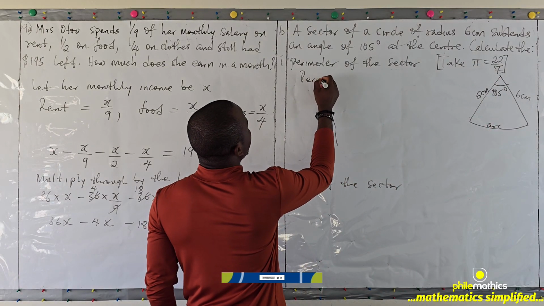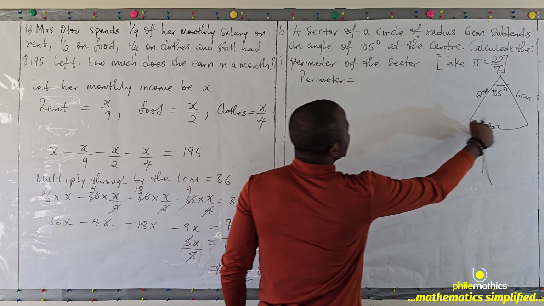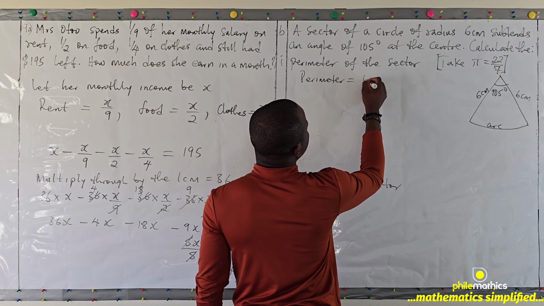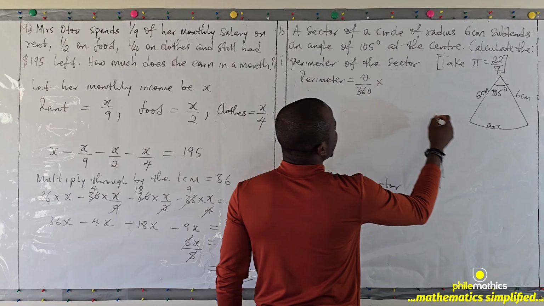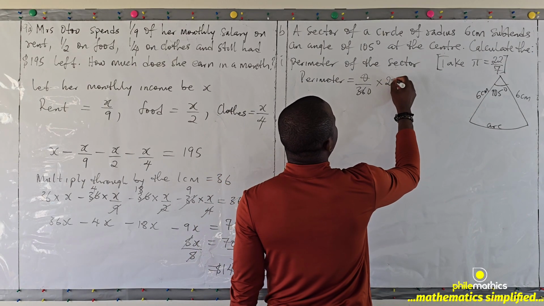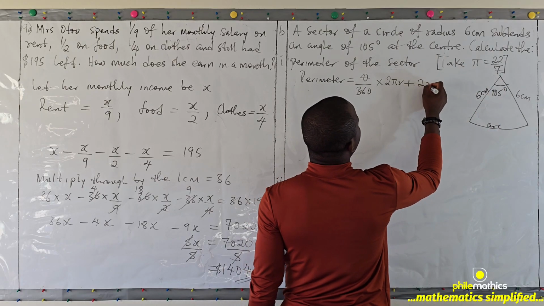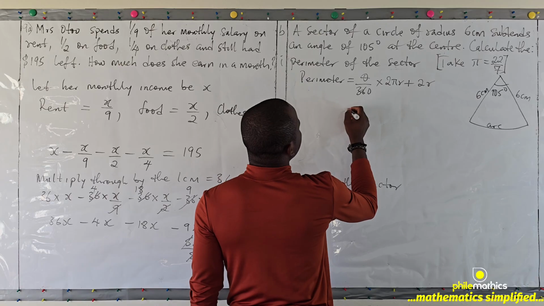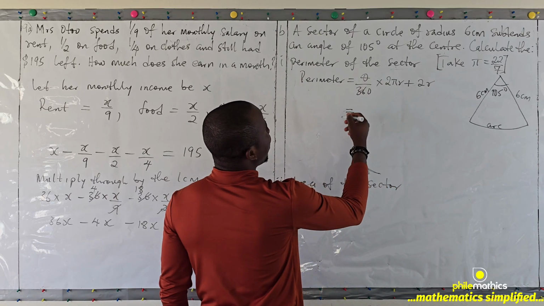So perimeter equals length of an arc, which is theta over 360 times the circumference of a circle, 2 pi r, plus these two radii, 2r.